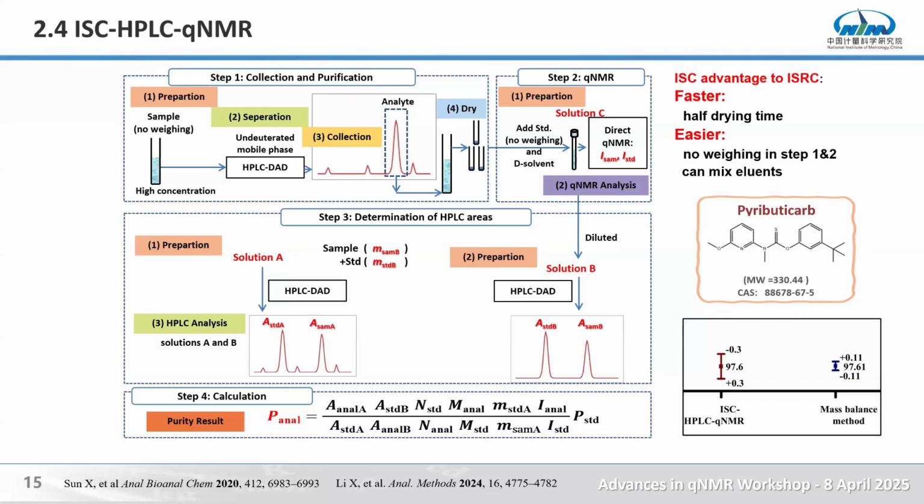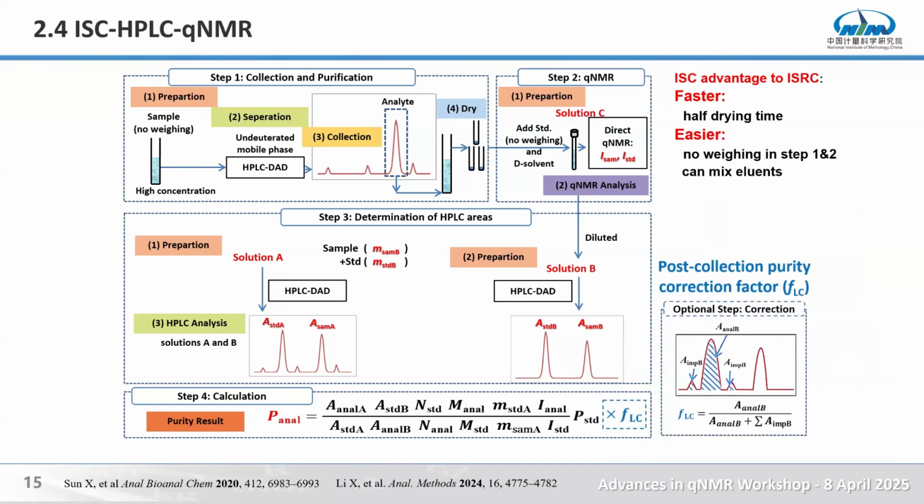So after we proposed this method, we tried to further correct this method. Last year we proposed the post-collection purity correction factor for this method, using PBe to analyze the target analyte and its purity after purification.